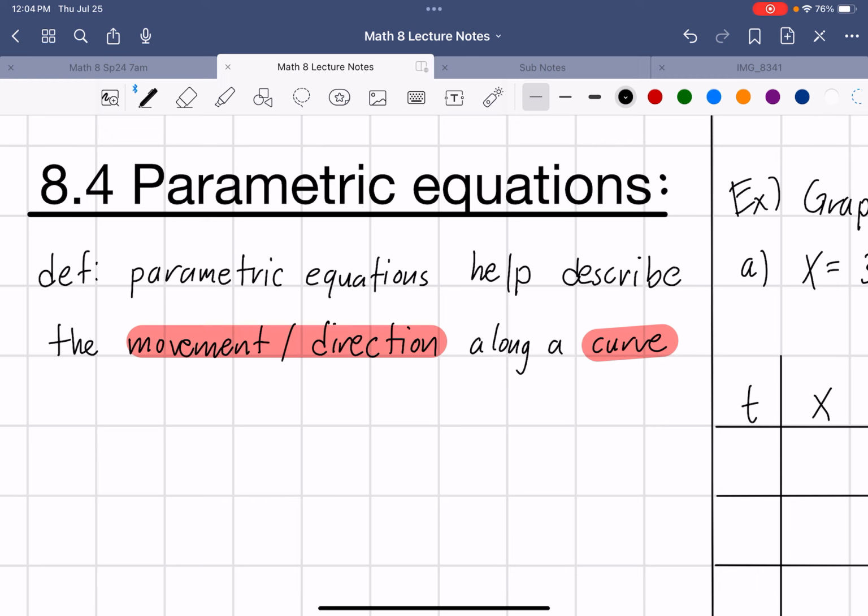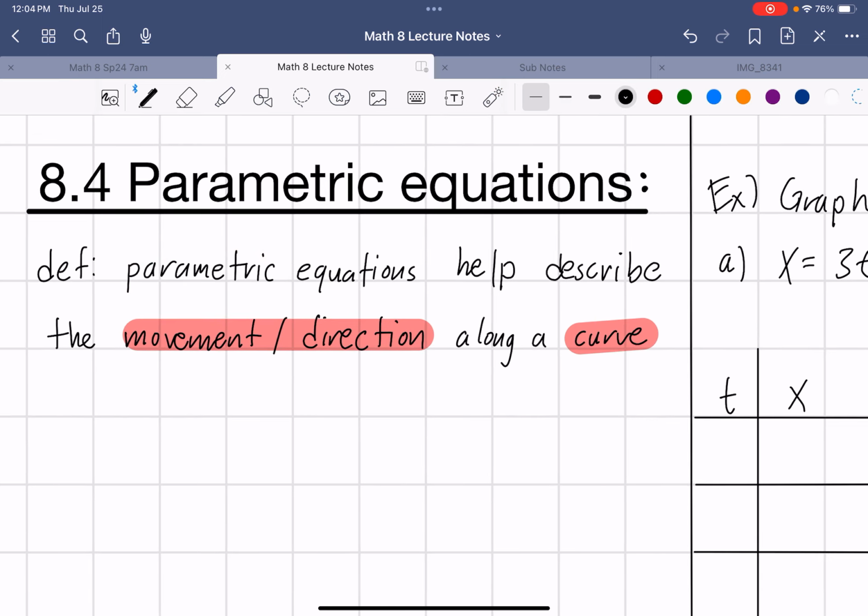And what creates that direction? It's going to be the parameter. So it's called a parametric equation because they are equations that have a parameter. And this is the form that you'll see the equations. Things are going to look more like rectangular form, but they're considered parametric.